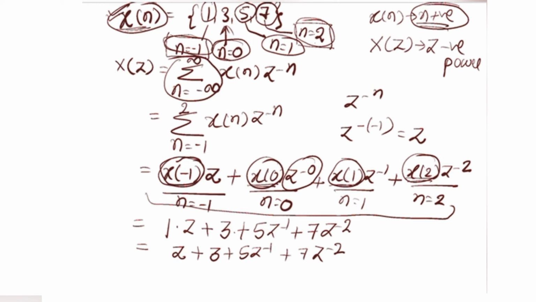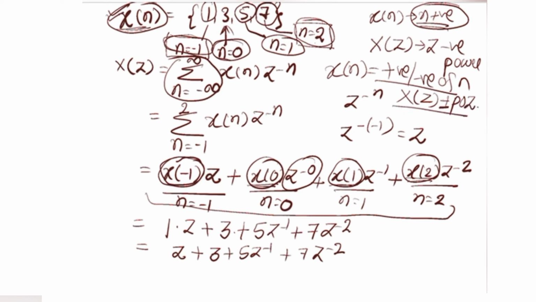When x[n] is existing for positive as well as negative values of n, then we can see X(z) is having positive as well as negative powers of z.